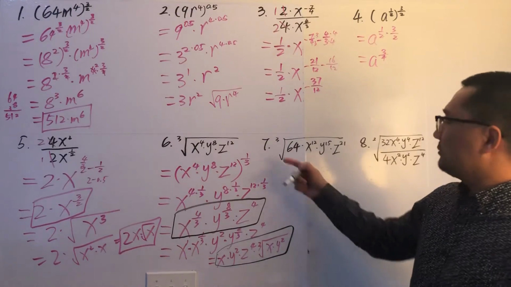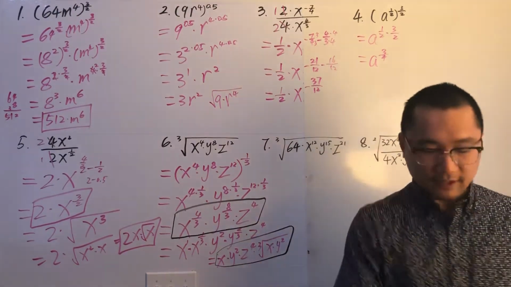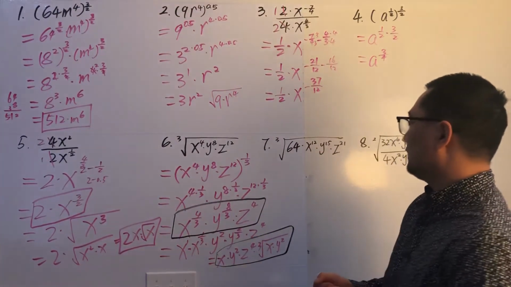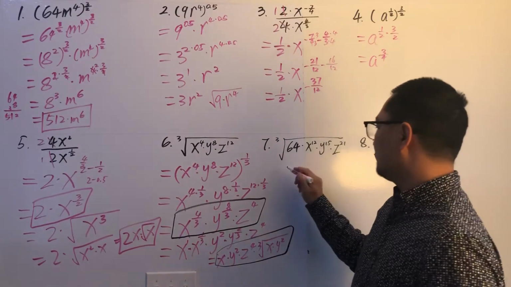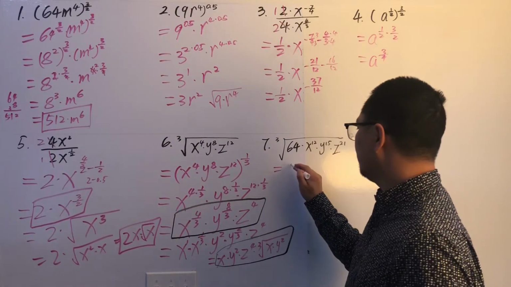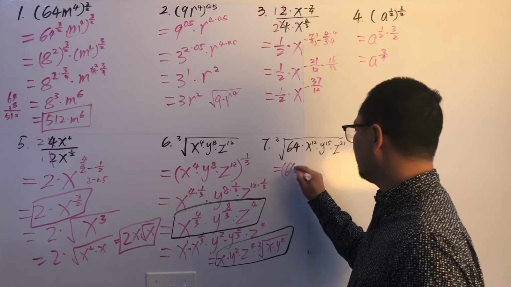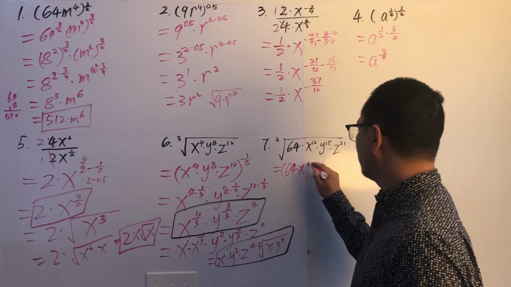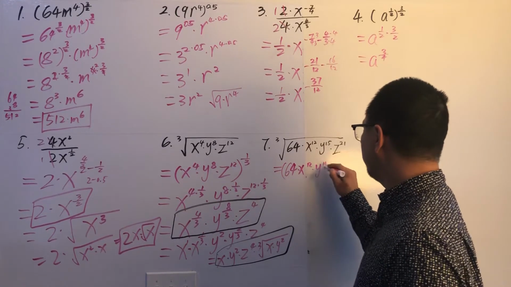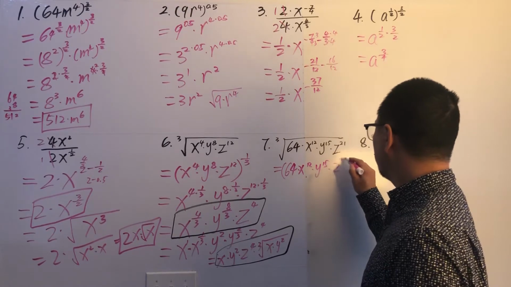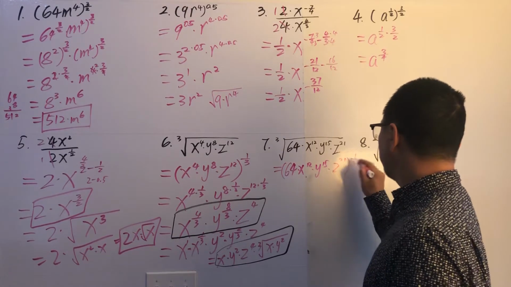So now how about number 7? The same thing, right? Number 7 you can rewrite to a fraction form: 64 times x^12 times y^15 times z^21, in the parentheses, to the 1/3.